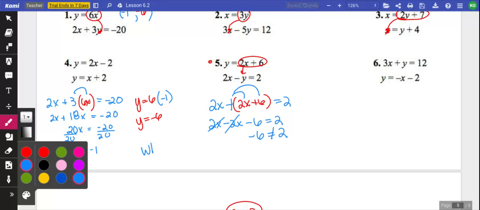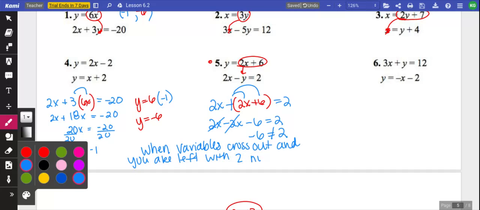So when variables cross out, and you are left with 2 non-equal numbers, no solution.